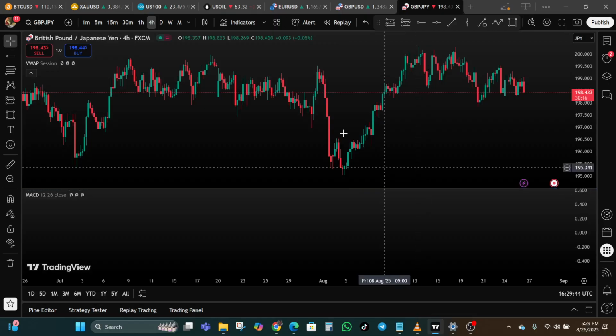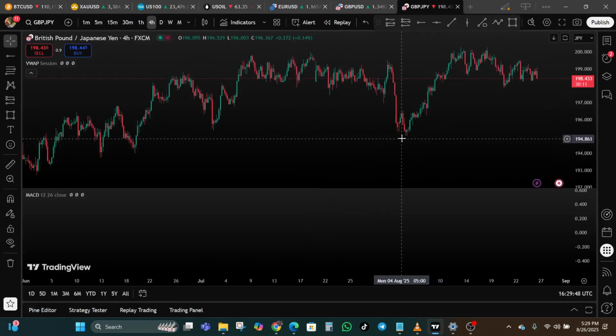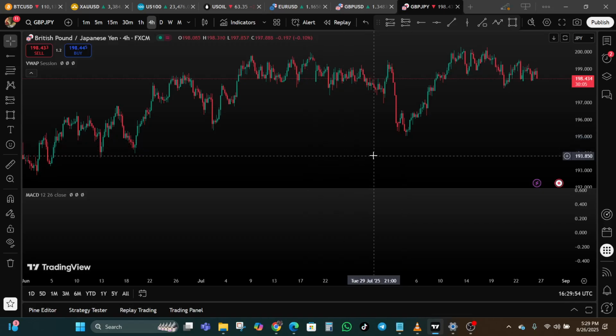Let us start with the VWAP, or the volume weighted average price. The VWAP shows us the average price of an asset throughout the trading session.